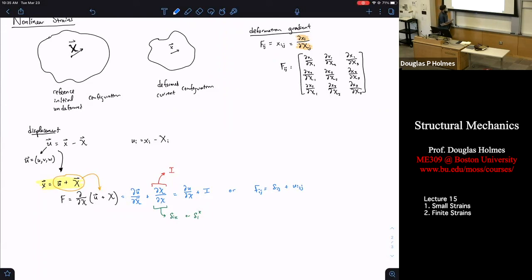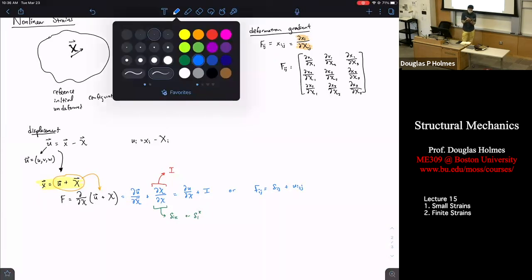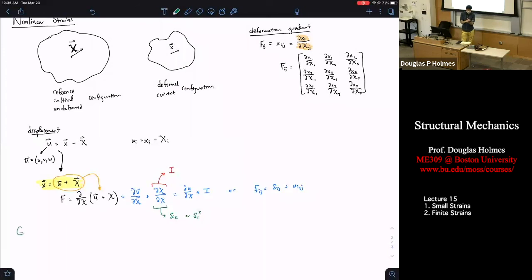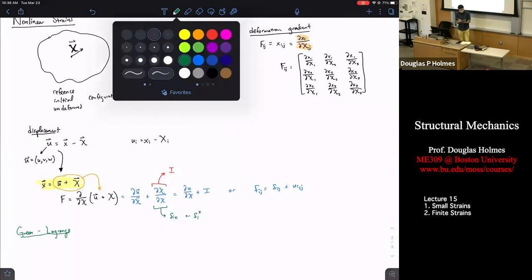There are many very different and annoying ways to measure strain. The most common ways you measure strain are with what's referred to as the Green-Lagrange strain tensor or the Green finite strain tensor. And well, let's write that in green. Why not? So we'll go with Green-Lagrange. And it looks like this.